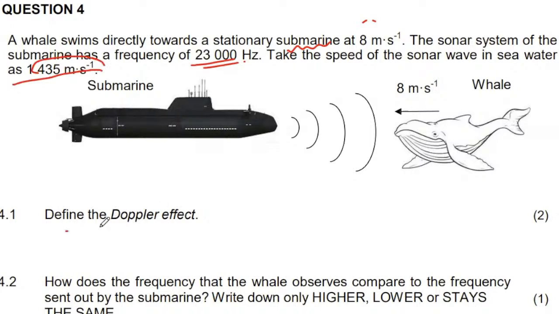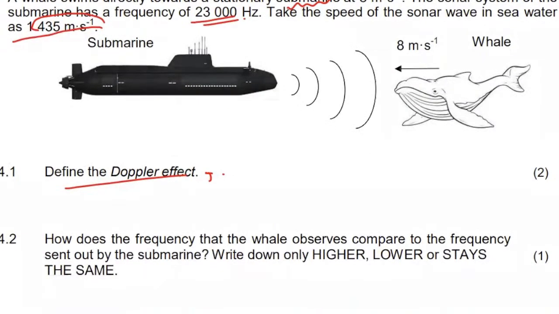And then they want us to define Doppler effect. Guys, I'm not going to answer that. Remember, we said it's the change in the frequency of the sound detected by the listener because of the sound wave or the sound source and the listener having different velocities, or the apparent change in the frequency that is observed due to the relative motion of the observer and the source.